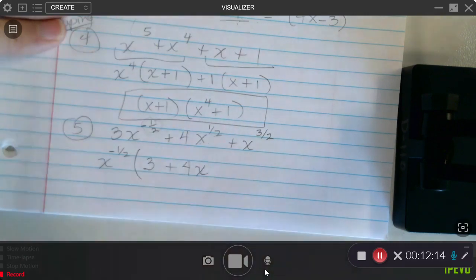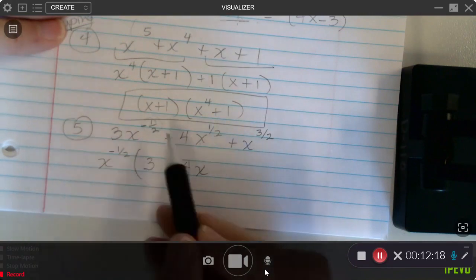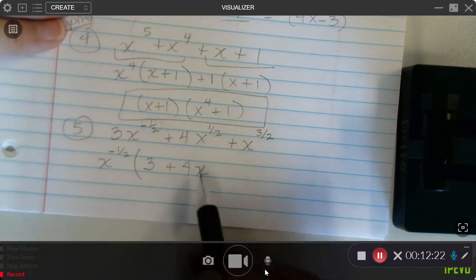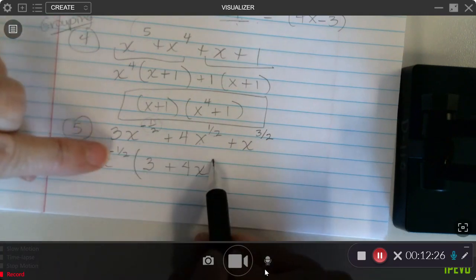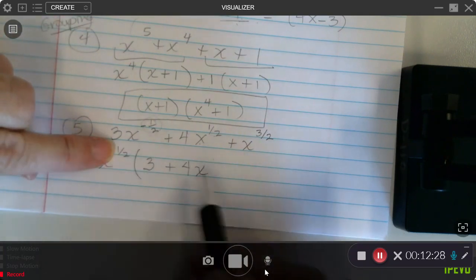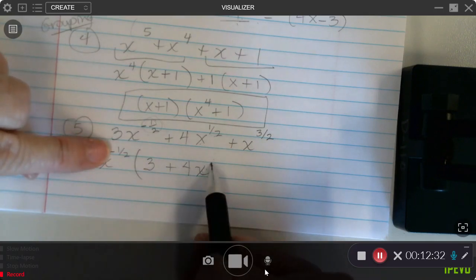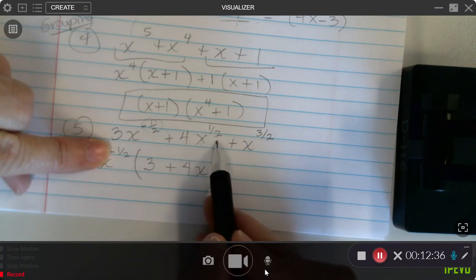I'll tell you the way I think of it. You know, some people always think, oh, I just subtract whatever I took out. I think of, what would I add to the negative 1/2? Because when we multiply like bases, we add, right? What would I add to the negative 1/2 to end up with a positive 1/2? 1 whole, right?